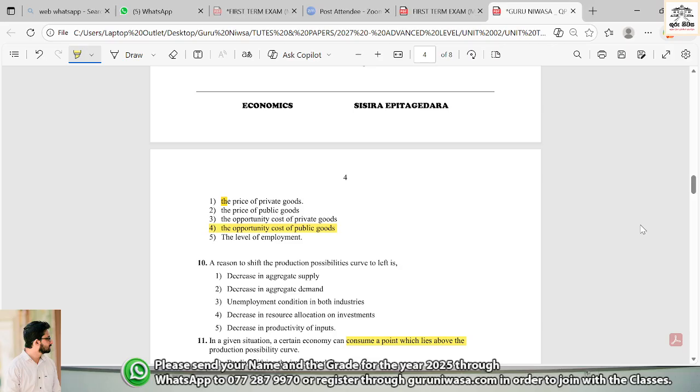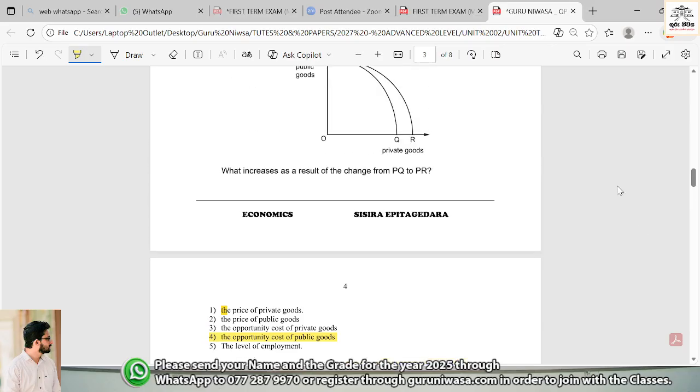According to my example on the board, what can you say about the opportunity cost of producing a private good? Increase. They ask what increases as a result of the change from PQ to PR.